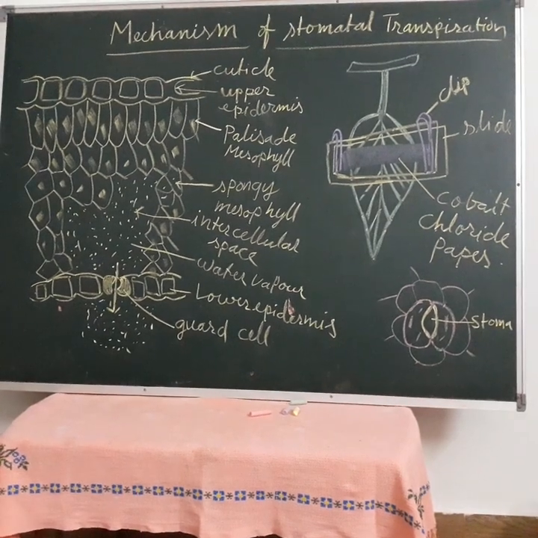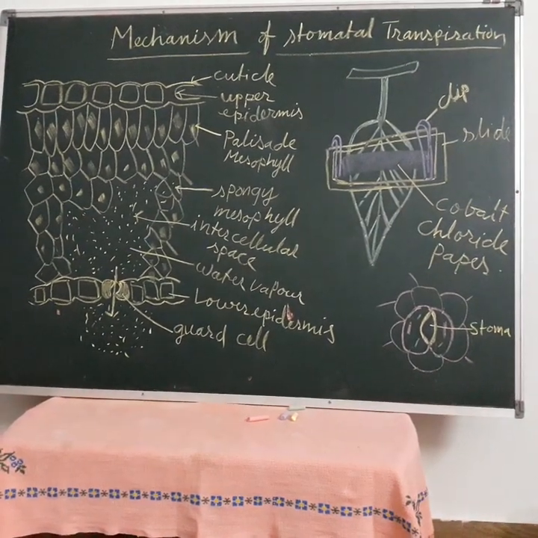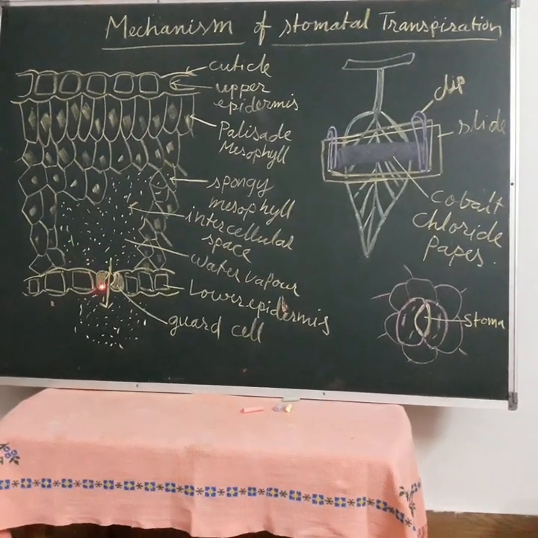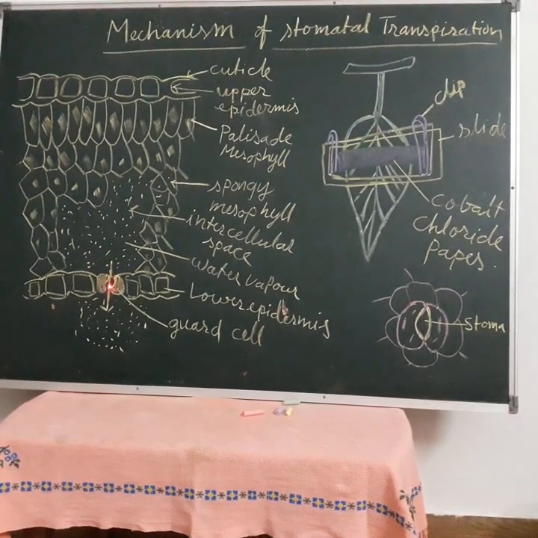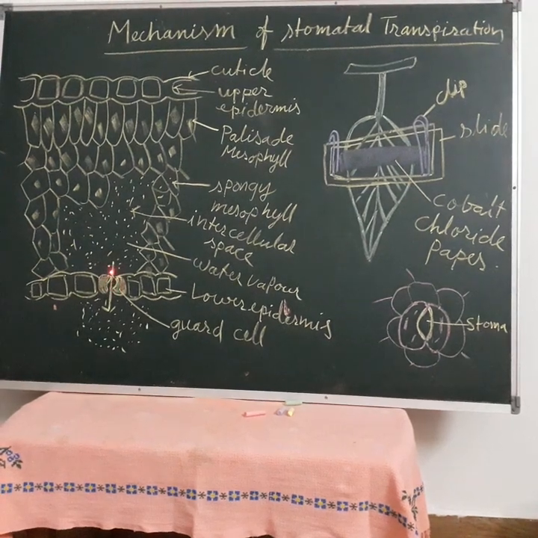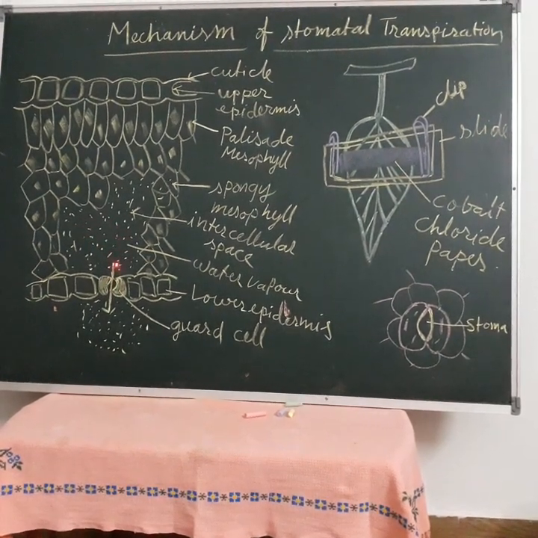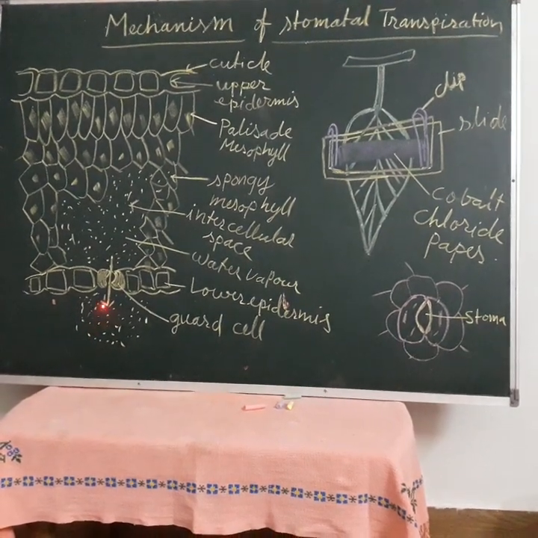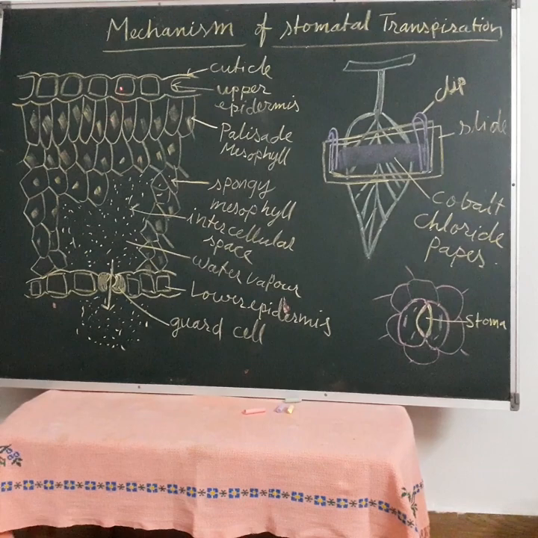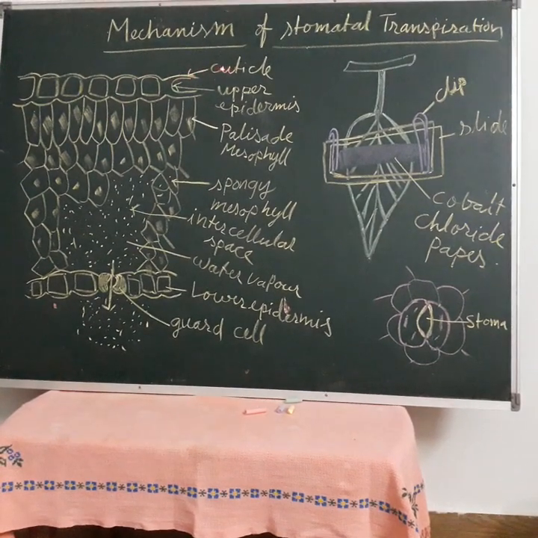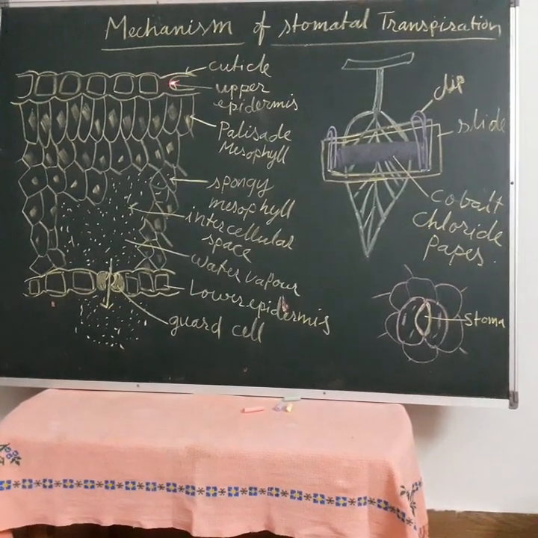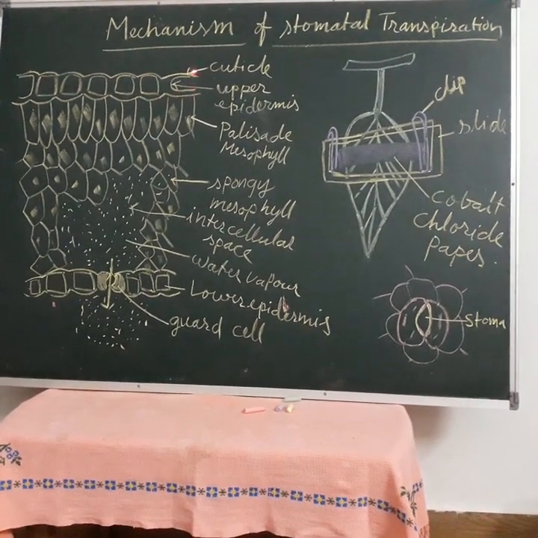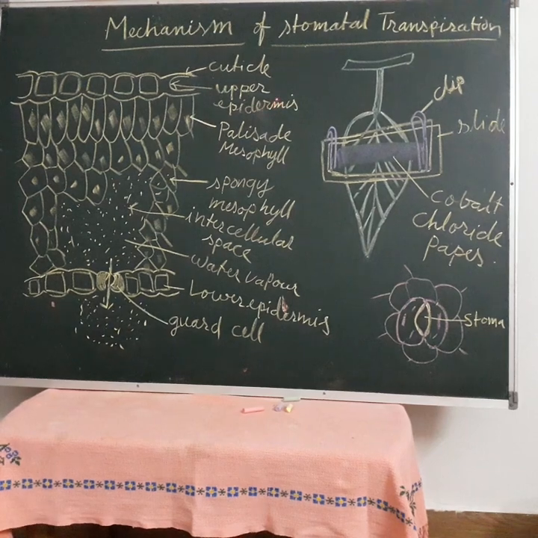Stomatal transpiration. The water vapor escapes out through the stomata of the leaf. You can see here the guard cells and between them the stoma. So, water vapor escapes out from the stoma to the environment. Here you can see a cuticle, and the whole part is known as upper epidermis.